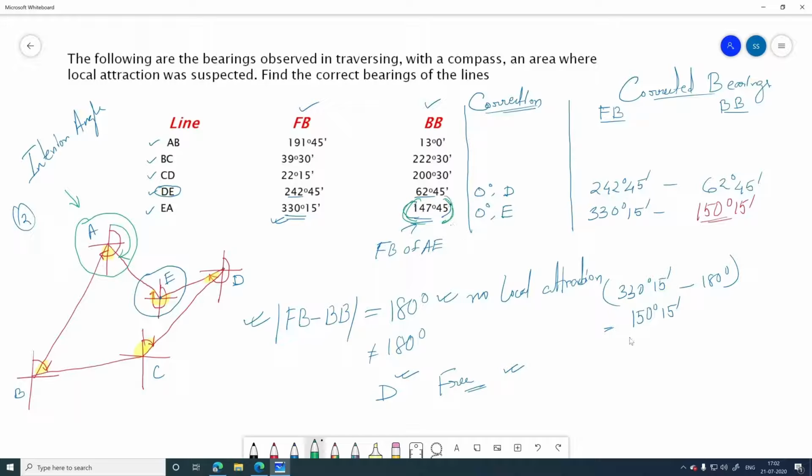But now you see that the exact value is 150 degree 15 minutes. So what is the correction required? That will be 150 degree 15 minutes minus 147 degree 45 minutes. This much correction is required at which point? At A point, okay. So what is the difference between these two values?